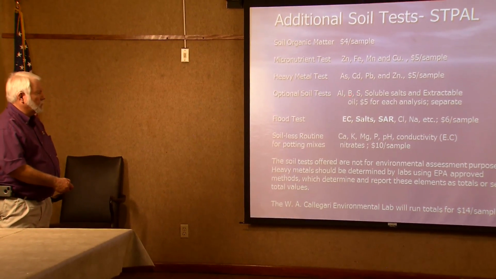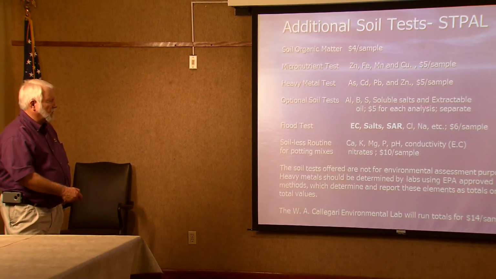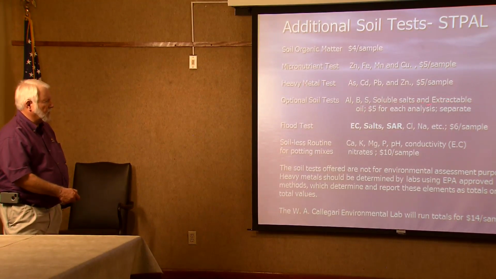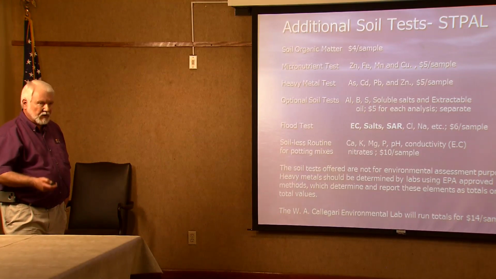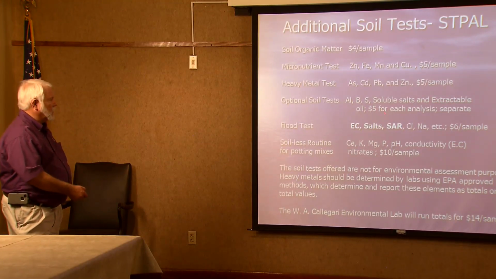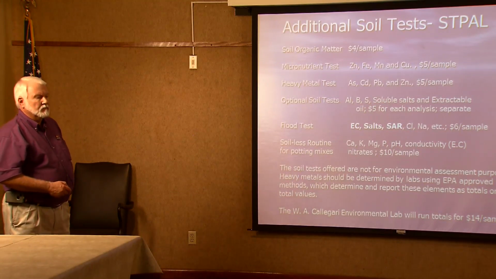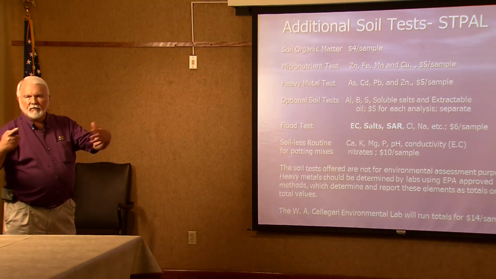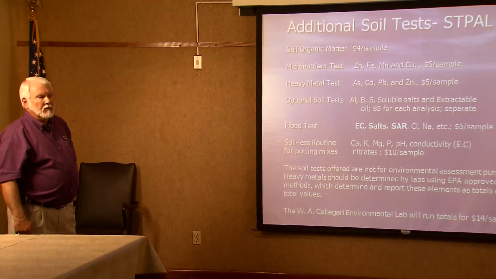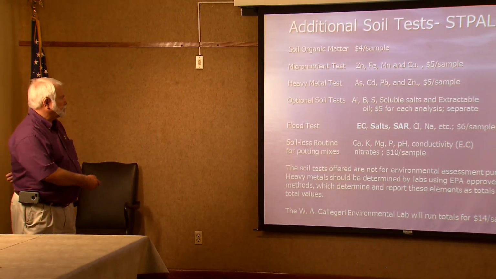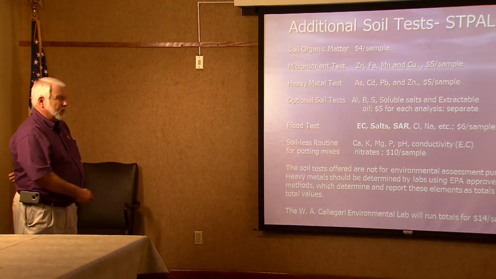You can get aluminum, boron, sulfur, soluble salts, extractable oil, that one's coming off of there, for $5. Individual separate analyses. Soluble salts is one thing that we do run, particularly where folks have over-fertilized their gardens or fields even. We do have a flood test.